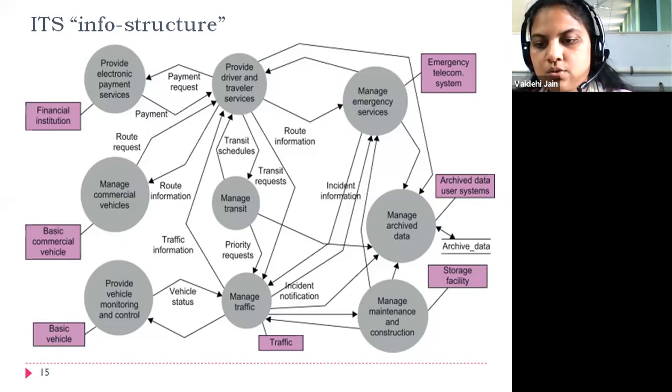Then once you have the information regarding the traffic and the vehicle, to manage it, route allocation is there. Now, for the route allocation, we need to consider the commercial vehicles and the transit, meaning public transportation.